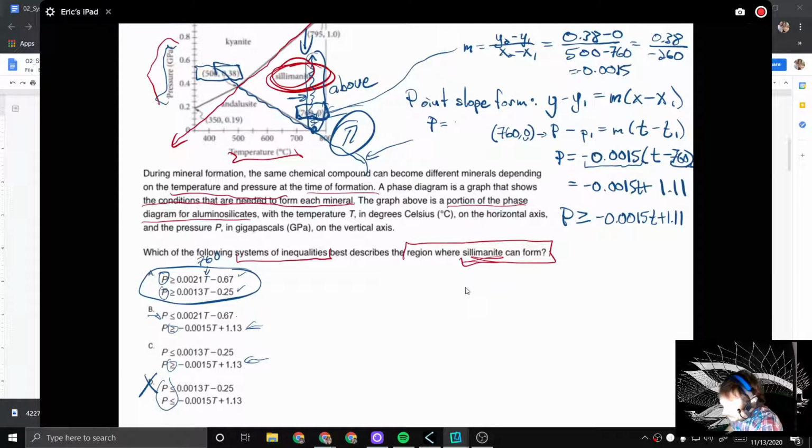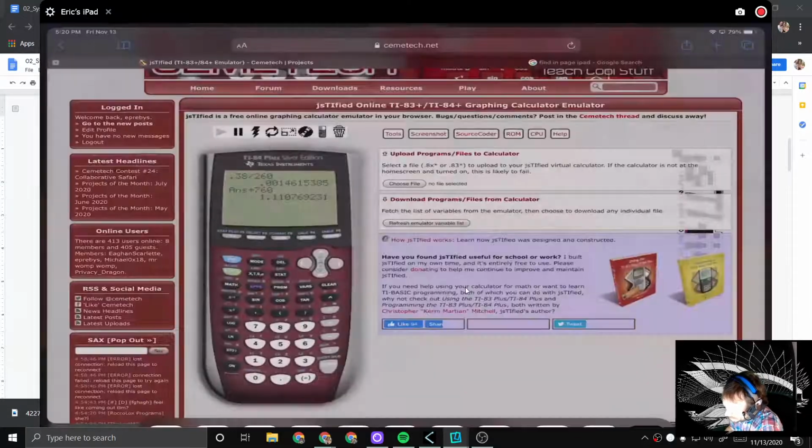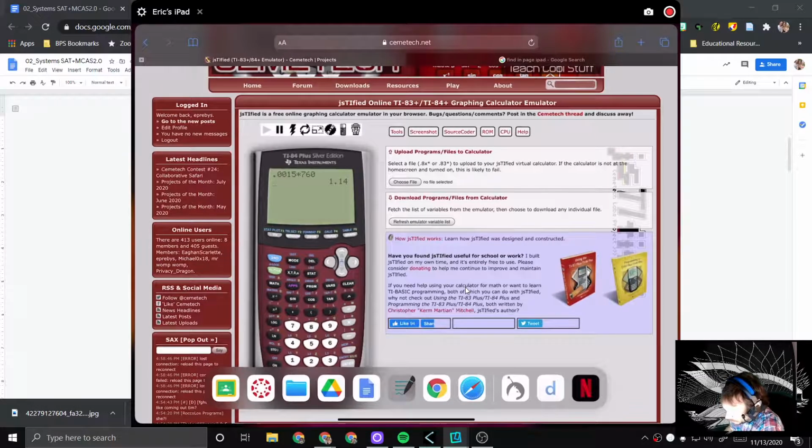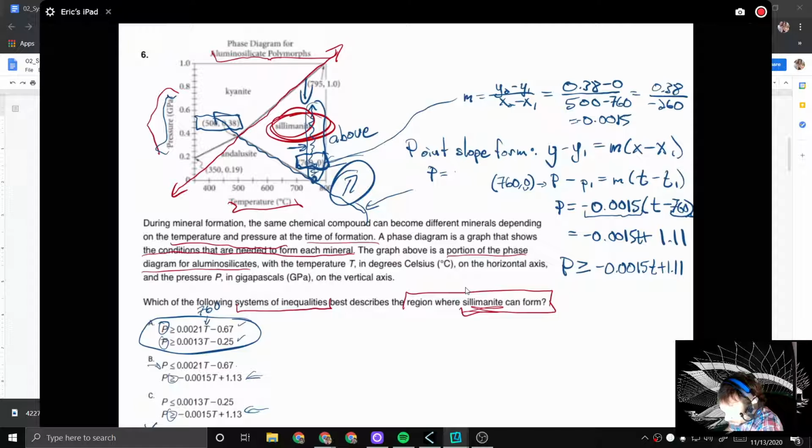Let's double check. 0.0015 times 760. Missed a zero. 1.14, and 1.14 is still not the same as 1.13, but it's right. 1.13 is between those two, so they made some sort of a rounding error.